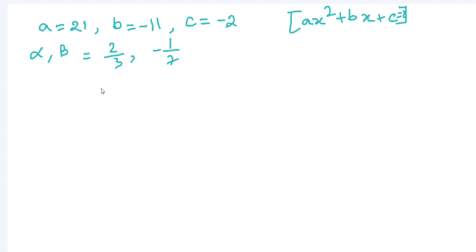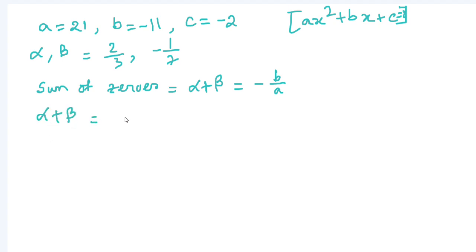We already know that the sum of zeros, that is alpha plus beta, equals minus b by a. We already know this, but we need to verify it here. So let us take a look at how we are going to verify.